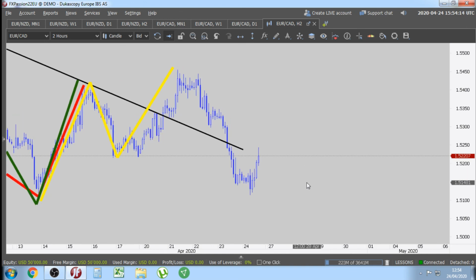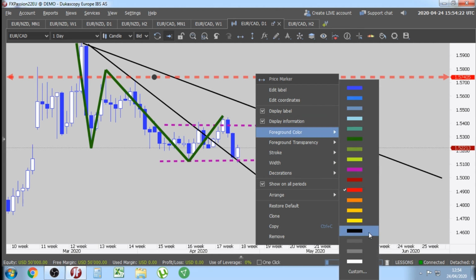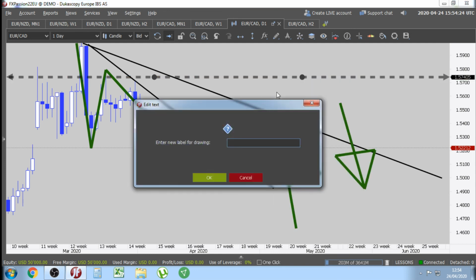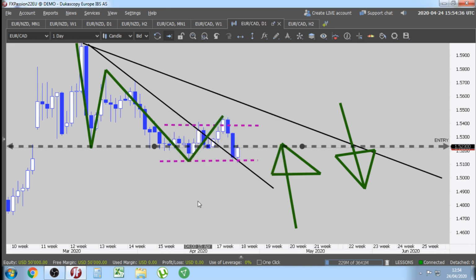Entry 1.523. On what time frame? Romar, what time frame did you enter? And entry shorting the market 1.52300. Okay, I think I will enter long.